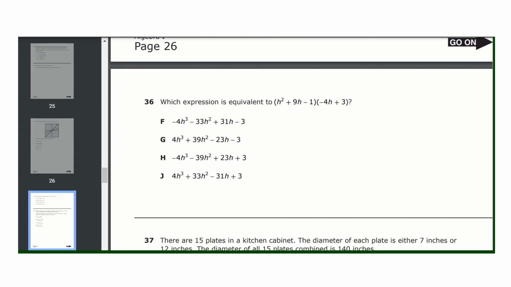G, 4h cubed plus 39h squared minus 23h minus 3? H, negative 4h cubed minus 39h squared plus 23h plus 3? Or J, 4h cubed plus 33h squared minus 31h plus 3?